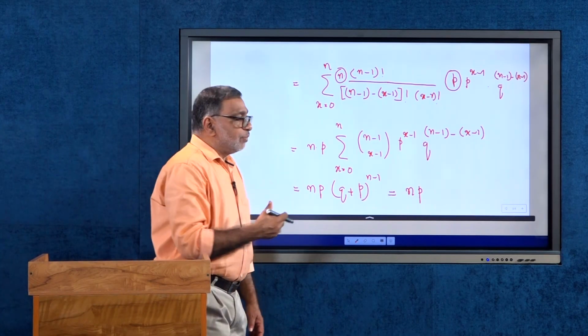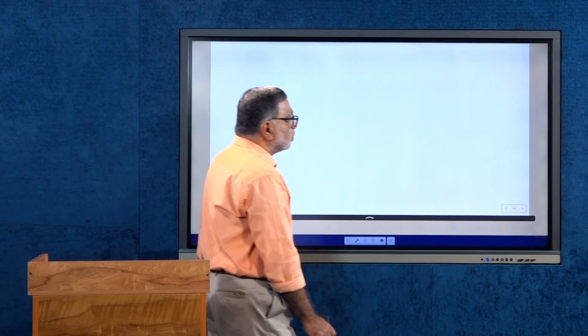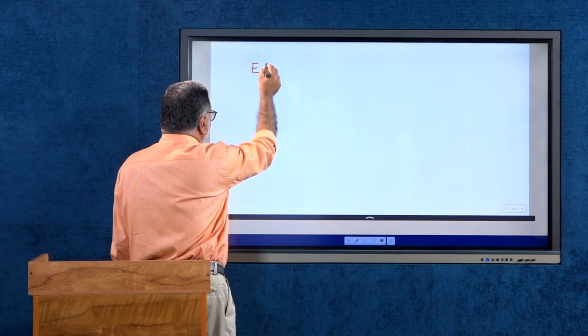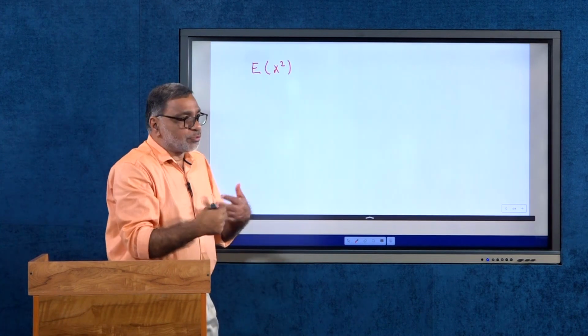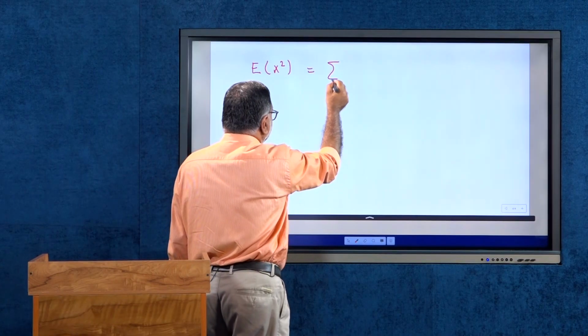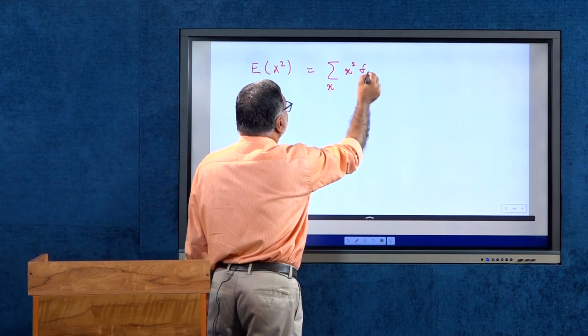Similarly, we are finding the variance. To find the variance, we need the expectation of X squared first. And the expectation of X squared is obtained by definition, this is sigma over x of x squared into f(x).